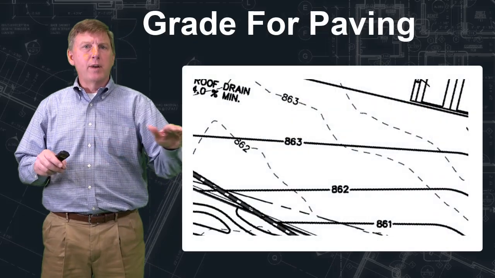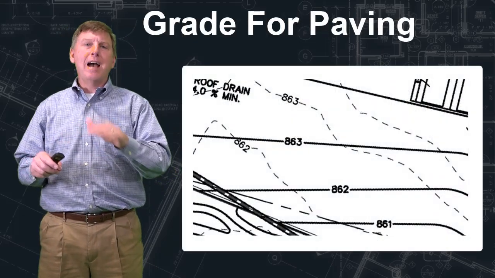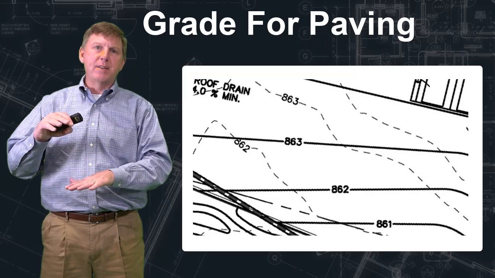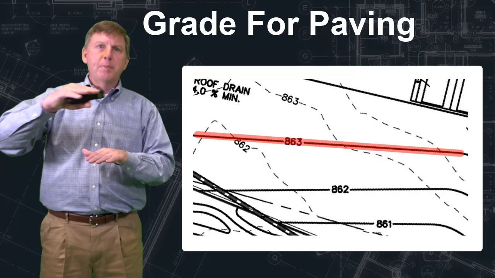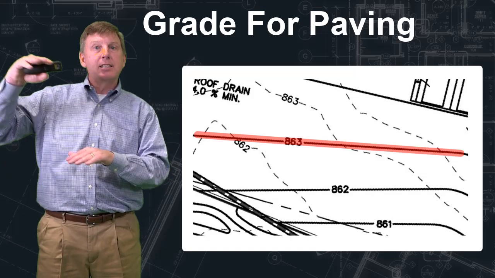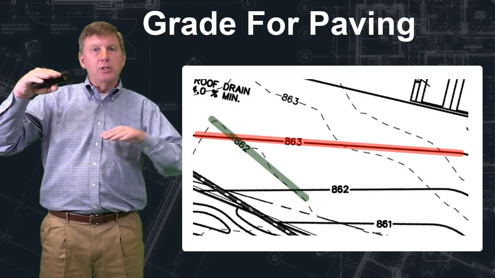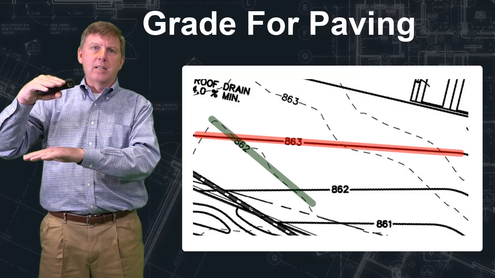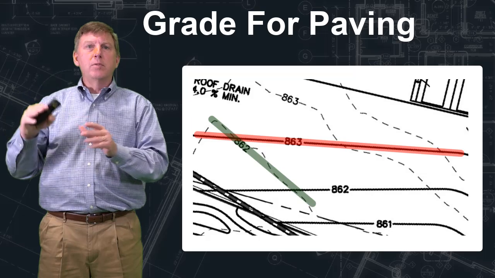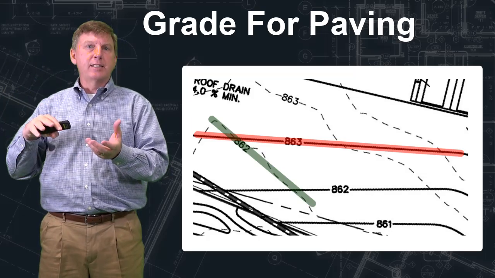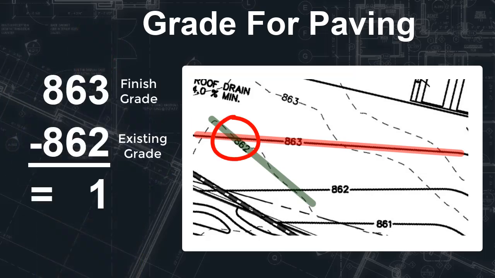When it comes to the grade lines over paving, you have to consider the depth of the paving. For example, if I have a finished grade line going across paving and that value is 863, and just beneath it I have an existing grade line of 862, normally we think 863 minus 862 equals 1 foot of fill.